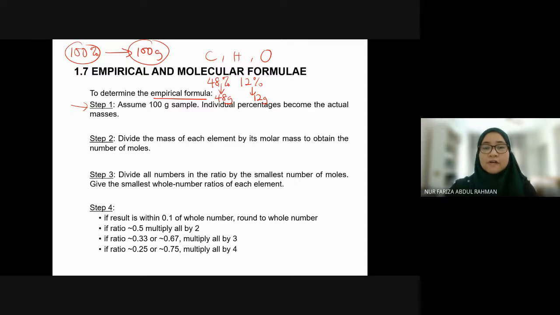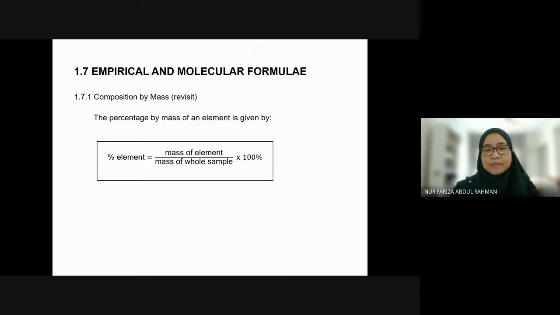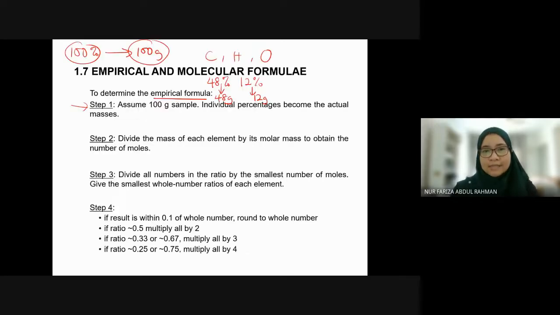It really saves time. Sometimes other students convert the given information into molar mass in order to convert into gram.